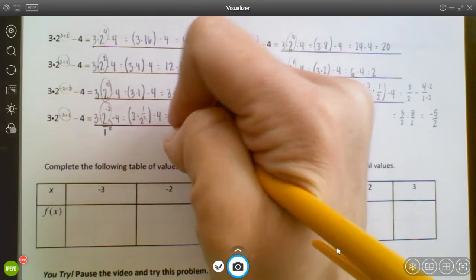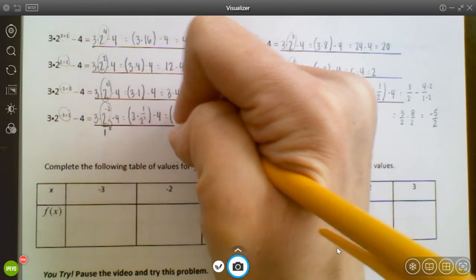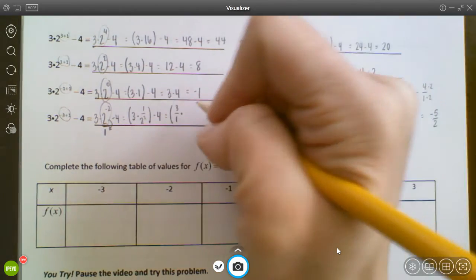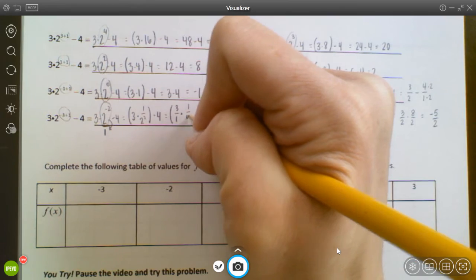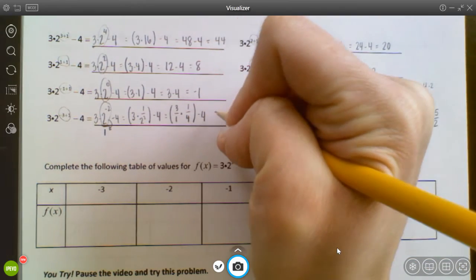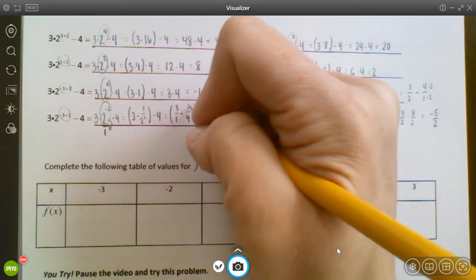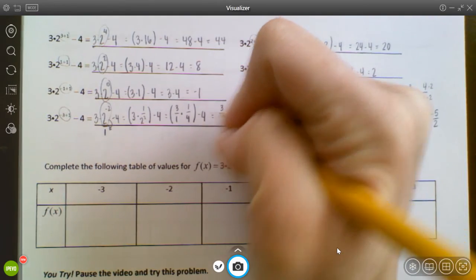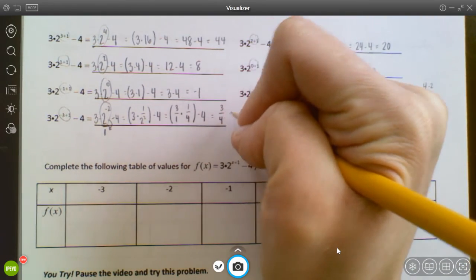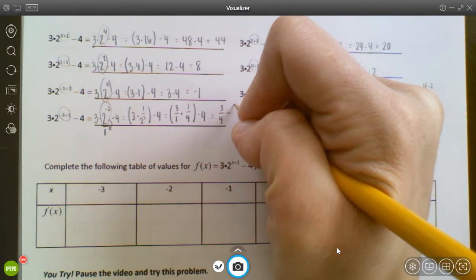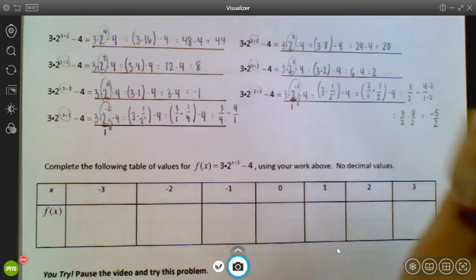So I'm going to organize my work here again, put the 3 over 1, and I'm going to simplify this 1 over 2 squared. So that leaves me with 1 over 4 minus 4. So if I simplify the fraction, 3 times 1 in the numerator gives me a 3. 1 times 4 in the denominator gives me a 4. Again, I need to subtract out this 4, but since I'm doing subtraction, I'm going to put this as 4 over 1.